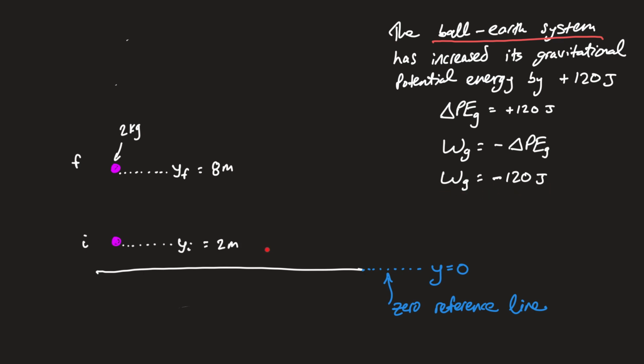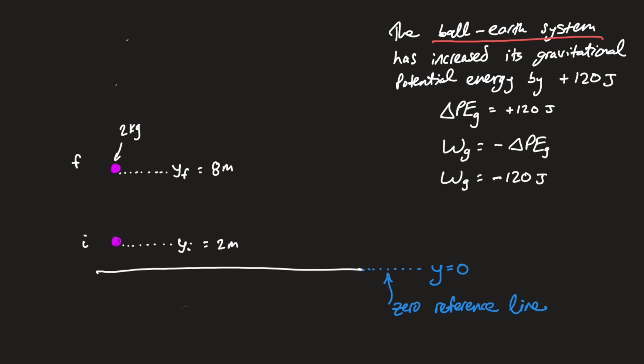So as the ball goes up, the force of gravity does negative 120 joules of work on the ball. But that energy gets stored up in the gravitational field of the ball-Earth system as gravitational potential energy, and here it is right here.